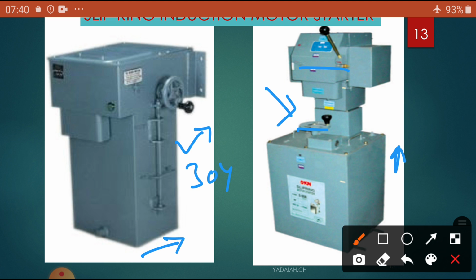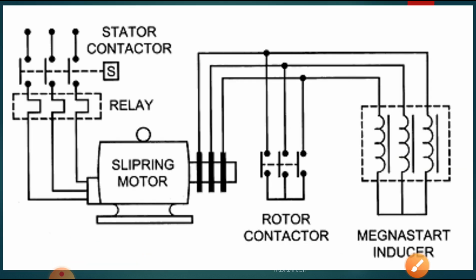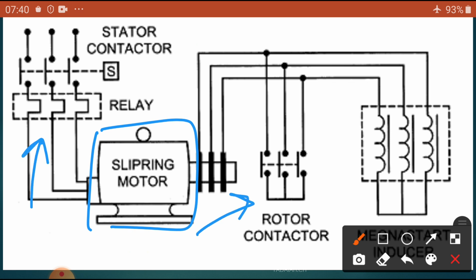If you want to see the circuit diagram, let us connect this one in our circuit diagram. This is the protection of our slip ring induction motor. This is the stator side, and this is the rotor side. The relays are the overload relays.